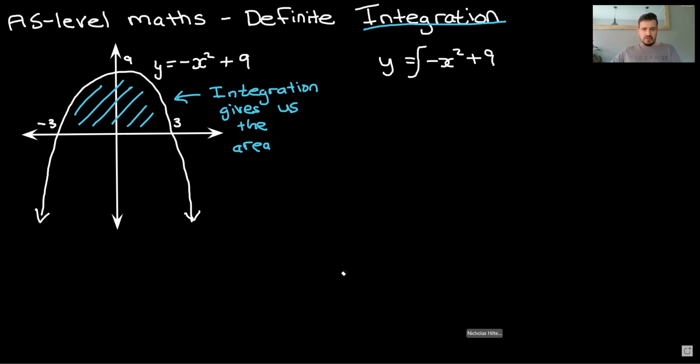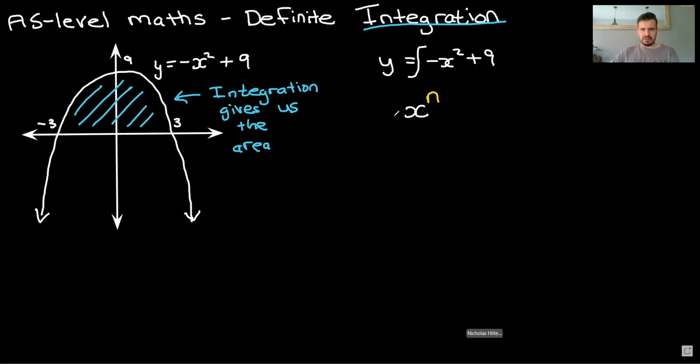Now the integral is the opposite of finding the derivative. When we found the derivative, we multiplied the exponent by the front, and we took one off the exponent. For the integral, we're going to add one to the exponent. So let's look at the rule. Say we have k x to the n, where n is the exponent and k is a number in front.